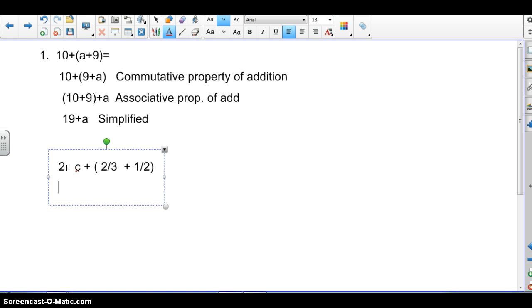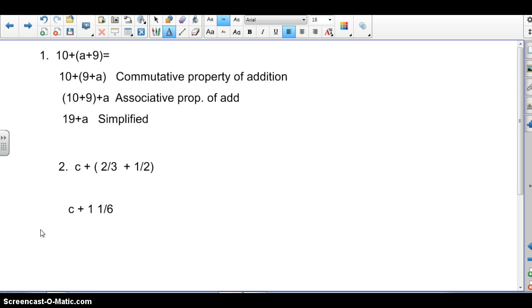So when you simplify, it is C plus 1 and 1/6. That's your simplified problem for number 2.